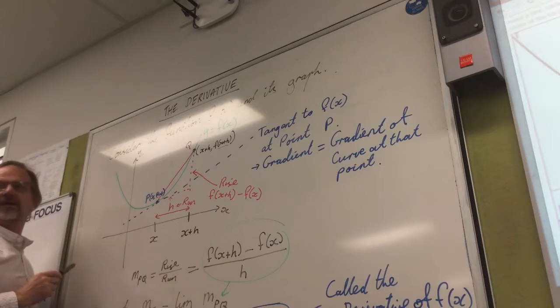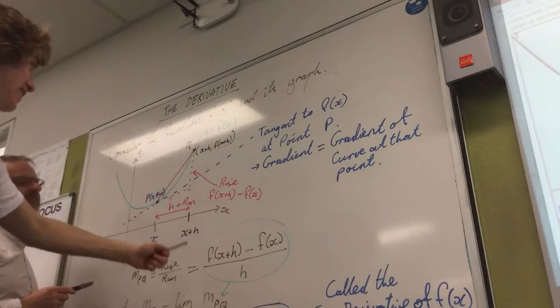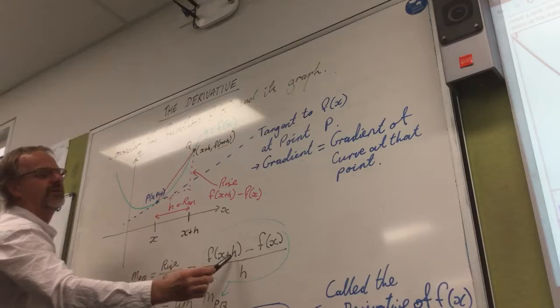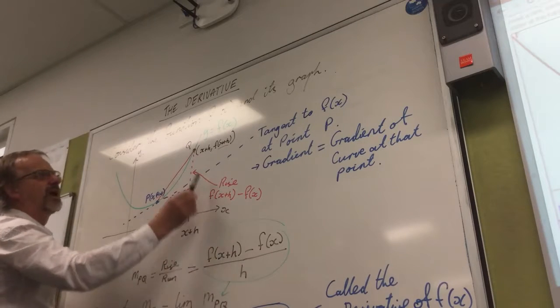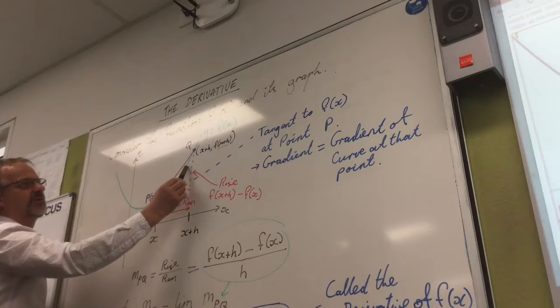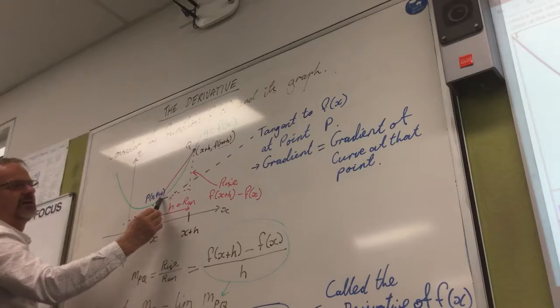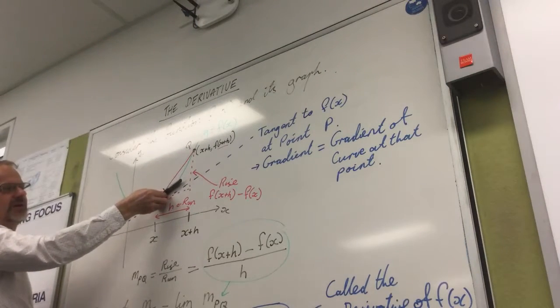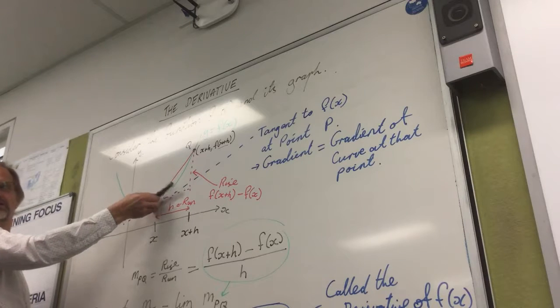This here is the gradient of our red line. So when we make this h smaller, that point comes closer and closer and closer, and that gradient of the red line comes around closer and closer to the blue.